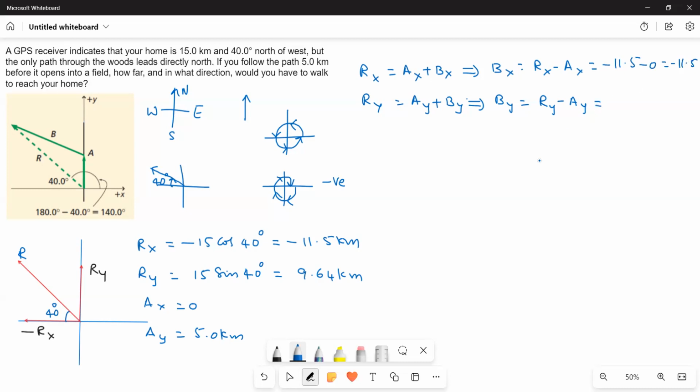Now Ry is equal to 9.64, and this is also positive direction. Ay is equal to plus 5.